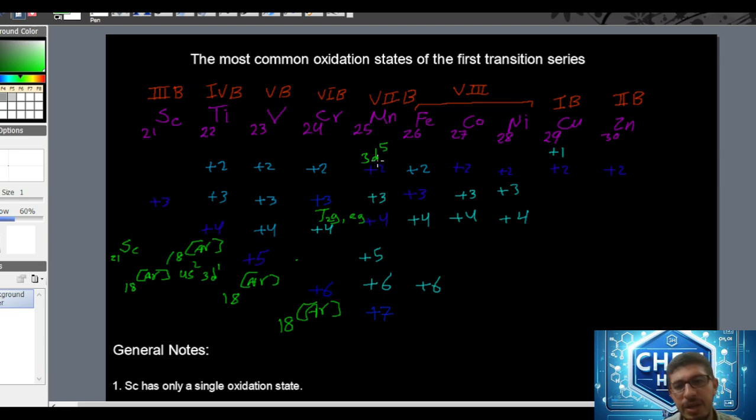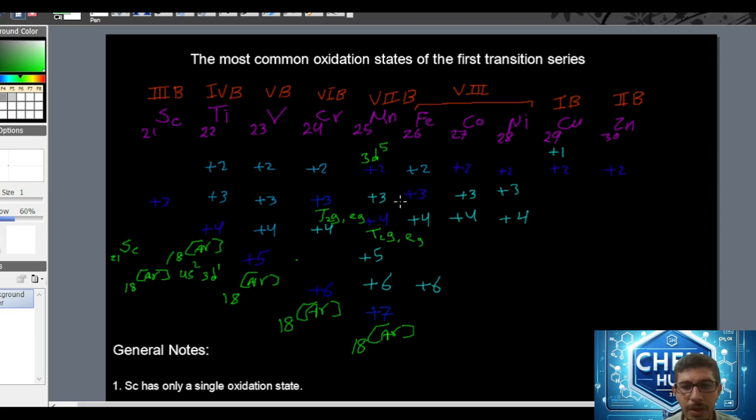Okay, so 3d5 half filled, stable, good for the metal ion. How about 4 positive? Again, the reason here lies in the t2g and eg electronic configurations. Okay, how about the positive 7, argon 18?